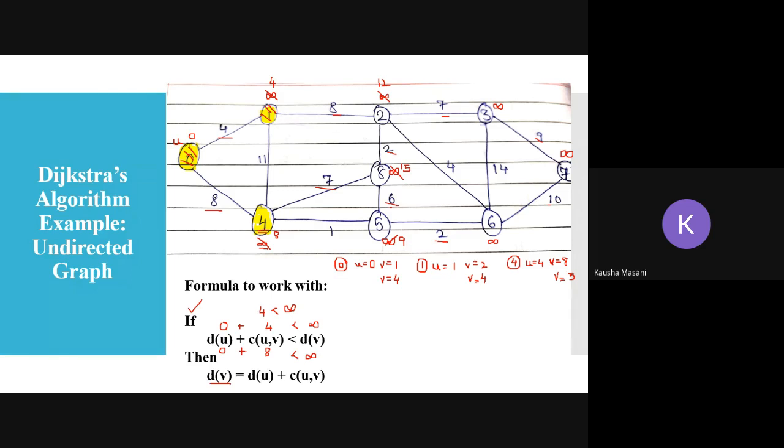Everybody. Yes, absolutely right. So that means 4 is explored. Again choose which is the next vertex. Which one is going to be your next vertex? 5. Absolutely right.